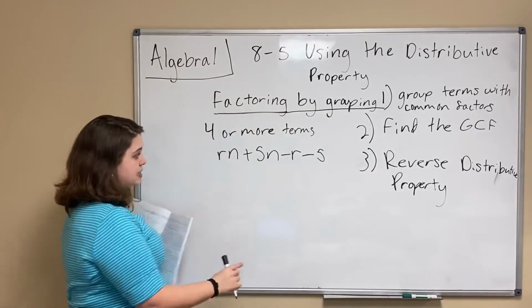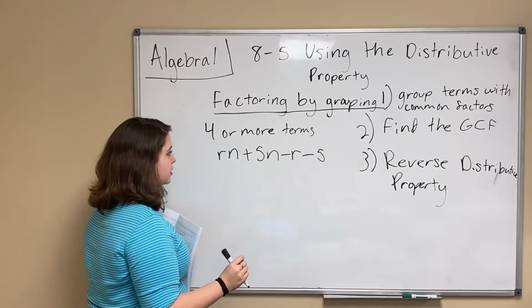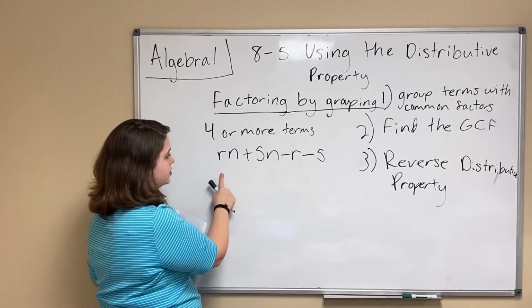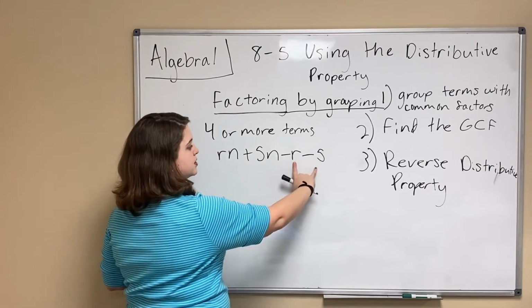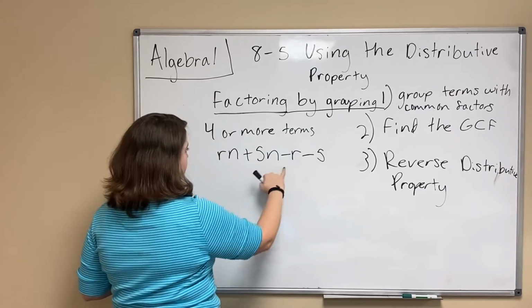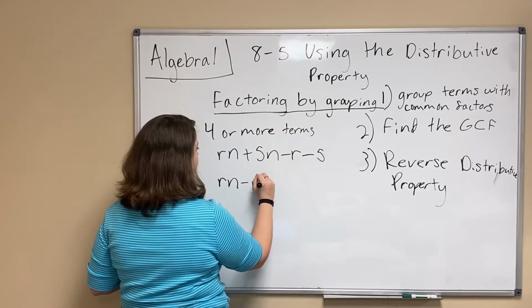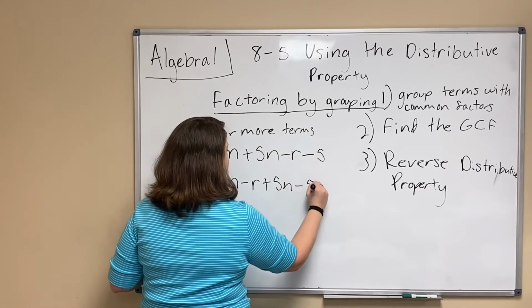Okay, so looking at this one, the ones that have common factors, it looks like both of these have 5s and both of these have r's. We could have done it while both of these have n's, but if you look, these don't have a common factor. So we're going to group together the ones with r's and do rn minus r plus 5n minus 5.